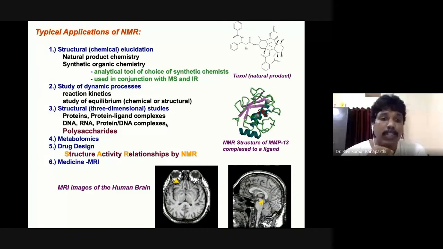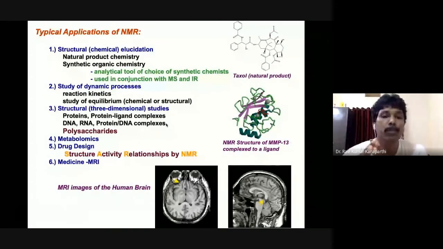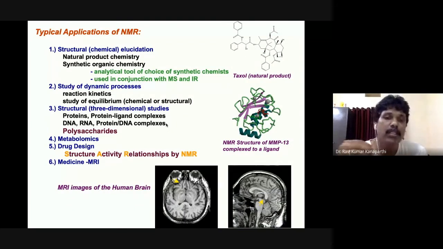So determining the structure of proteins and peptides is very, very important. The structure of a molecule is very important in various fields. Take any field, it has its own significance. In that context, the determination of biomolecule structure is very important, especially in drug designing.